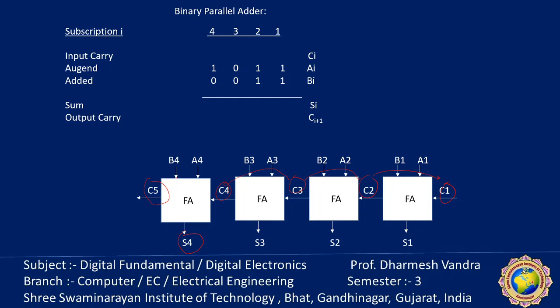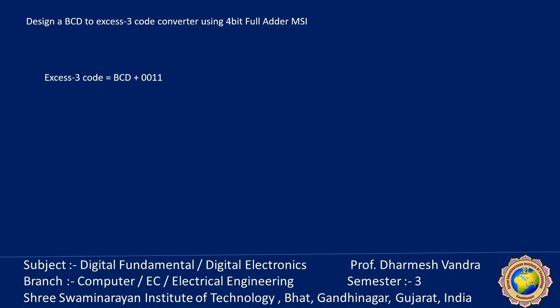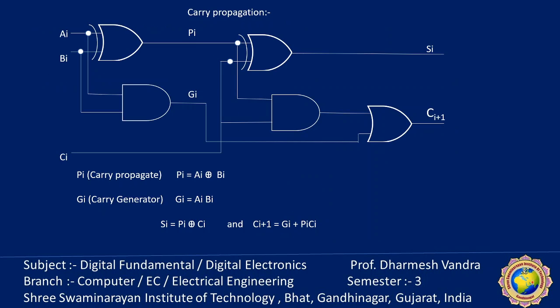The number of gate levels for this carry propagation can be found from the full adder circuit. Let us take a single stage of the full adder circuit. This full adder circuit has two XOR gates, two AND gates, and one OR gate.